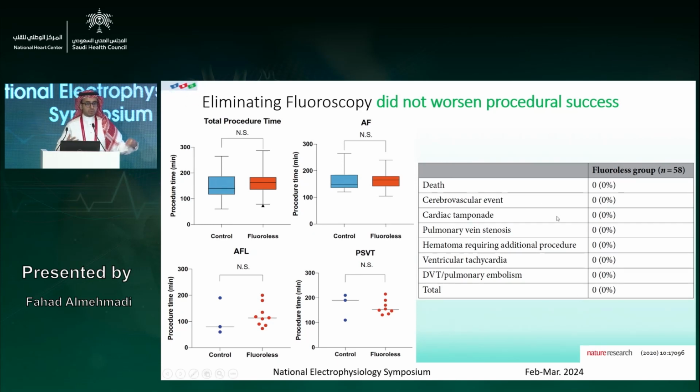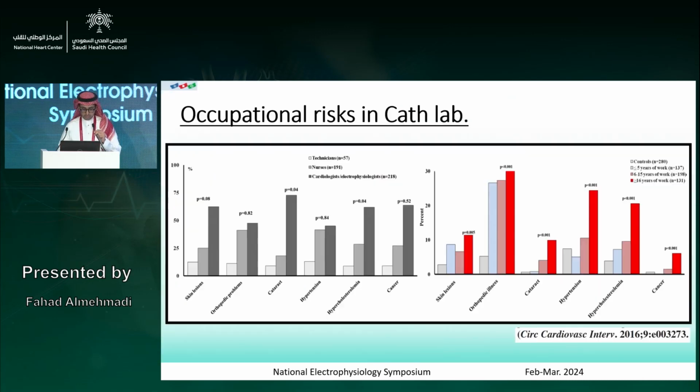I think this is probably more of an experienced center thing. But we always talk about the occupational risks in the cath lab. We talk about skin lesions, orthopedic problems, cataract, hypertension, and cancer. These are the technicians, here are the nurses, and this is the physicians. And it is worse the longer you stay in the lab.